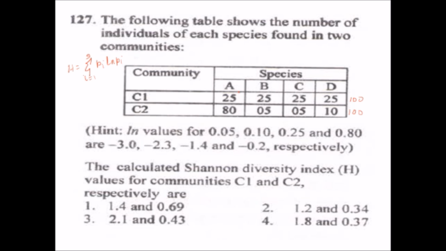What is the proportion of A in the total 100? We will calculate the proportion as 25 by 100. This is the proportion of species A among the total number of species. So it will be 0.25. Similarly, for all, we will calculate the proportion of the populations of different species.